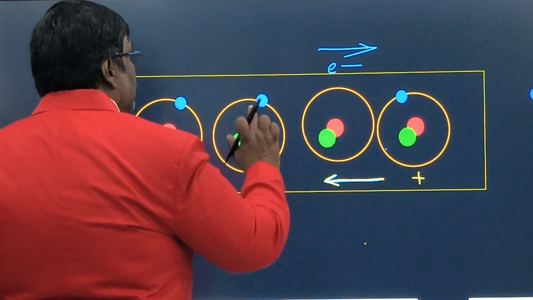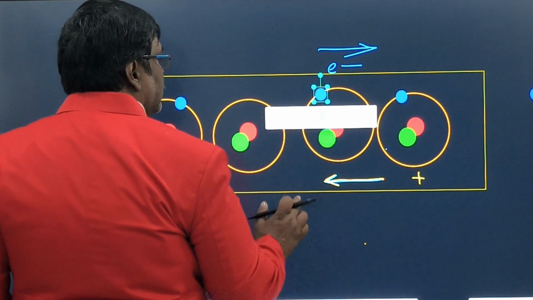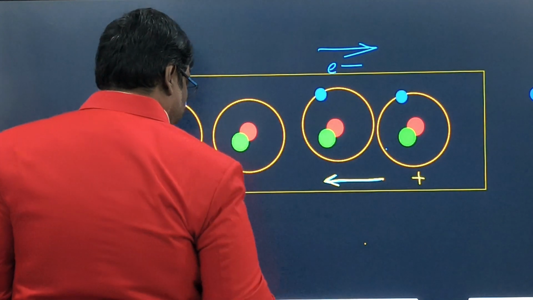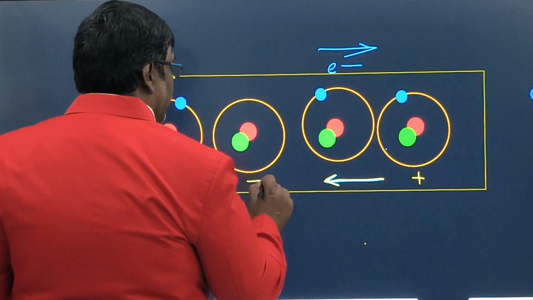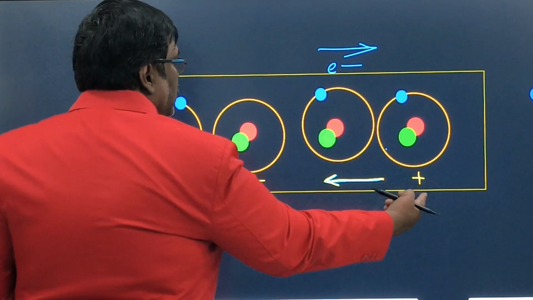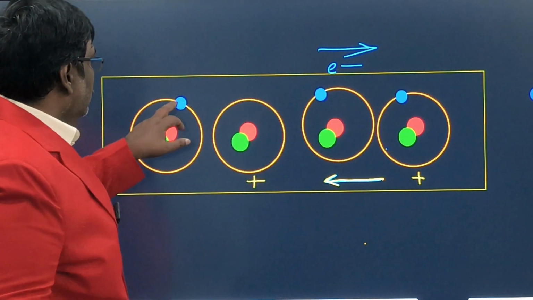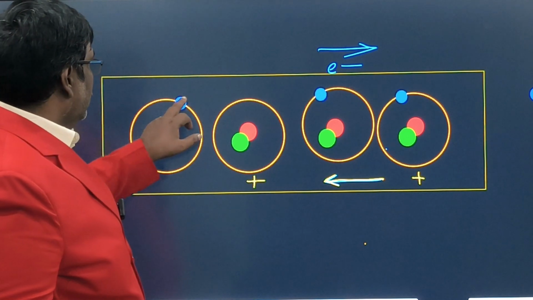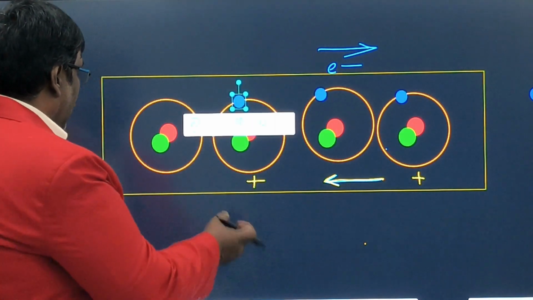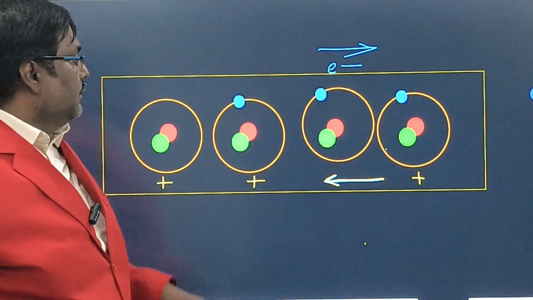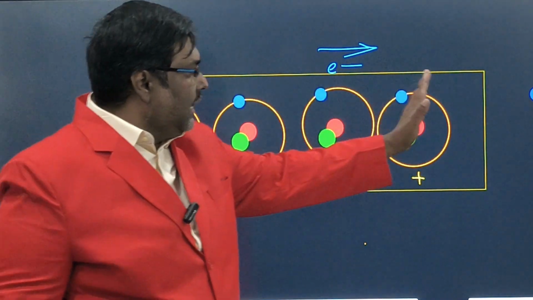Now I am transferring here, then the positive will become here. The positive will jump this side, and the electron is jumping the other side. Got it? So the electron is moving in this direction.